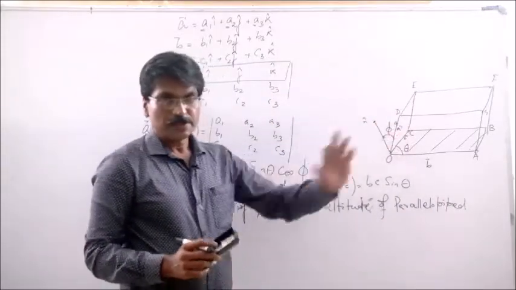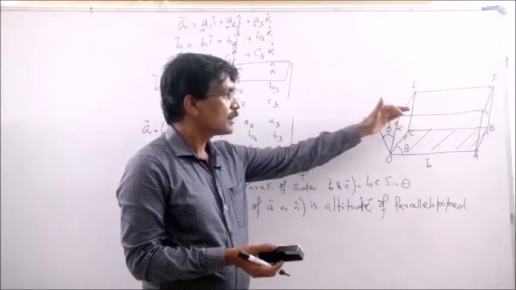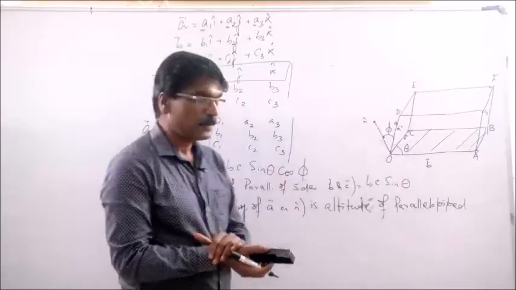So area of base into altitude is nothing but the volume of the parallelepiped.